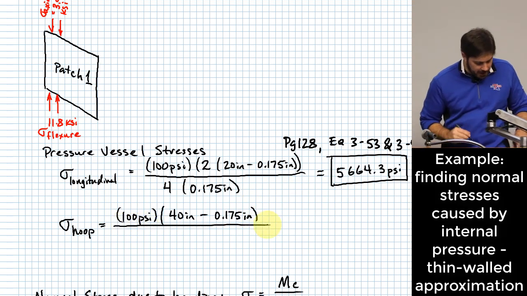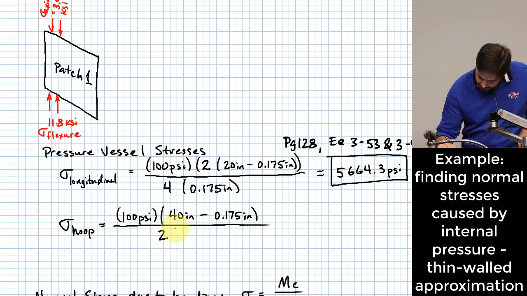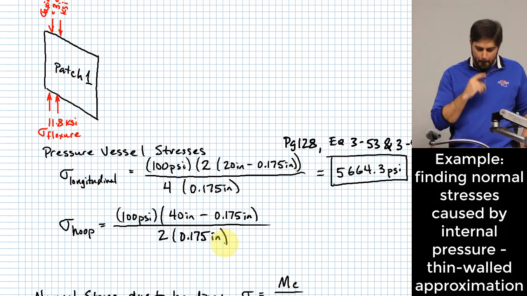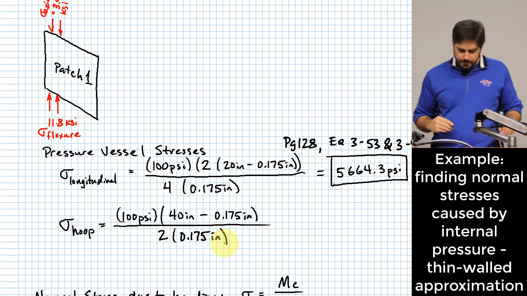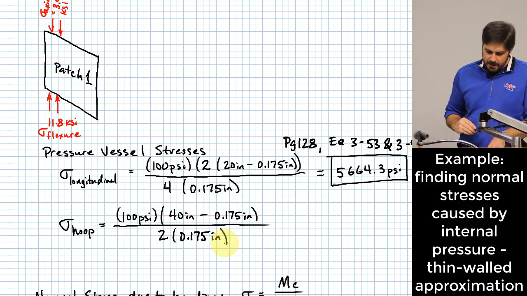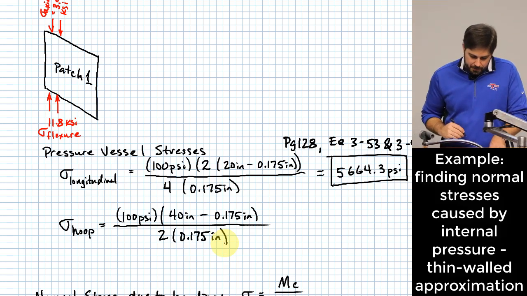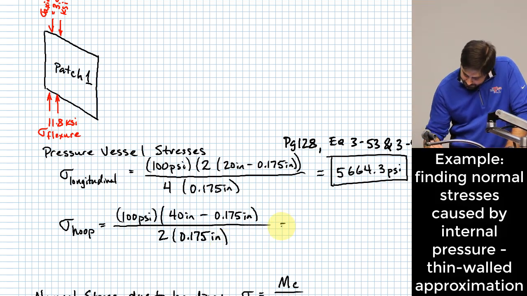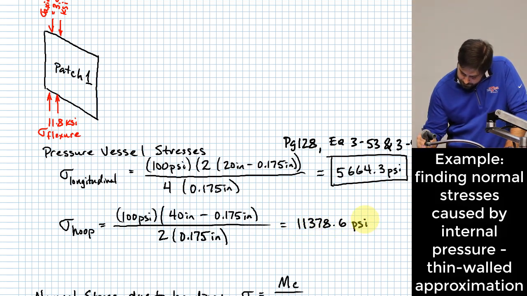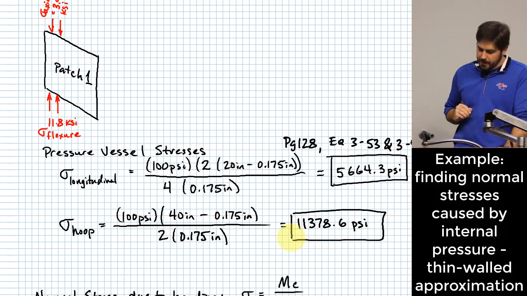And then in the denominator, I have 2 times the wall thickness. This gives me 11,378.6 psi.